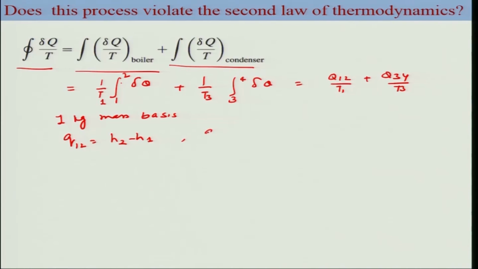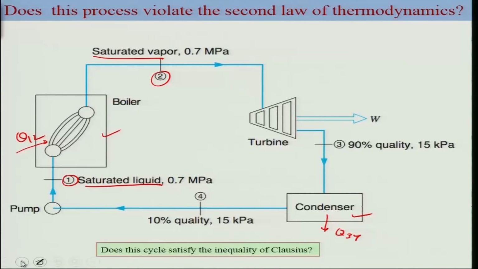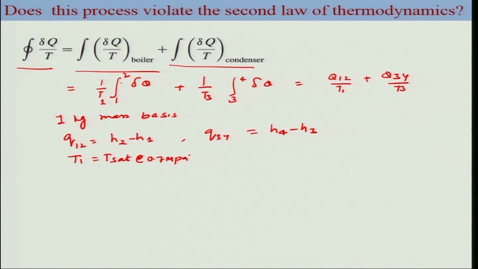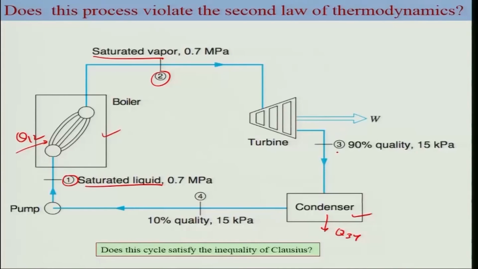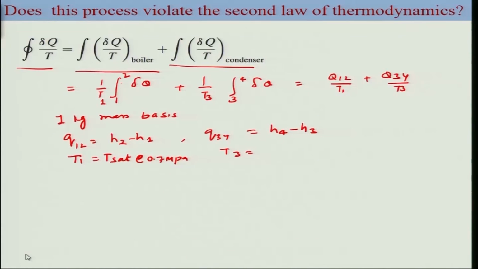Similarly, Q3 4 is going to be H4 minus H3, and T1 would be your Tsat at the pressure which is already given to you, 0.7 megapascal, and T3 is again, if you look back here, given by the pressure 15 kilopascal, Tsat at 15 kilopascal. So you can simply plug in this information and calculate the value based on the steam table.